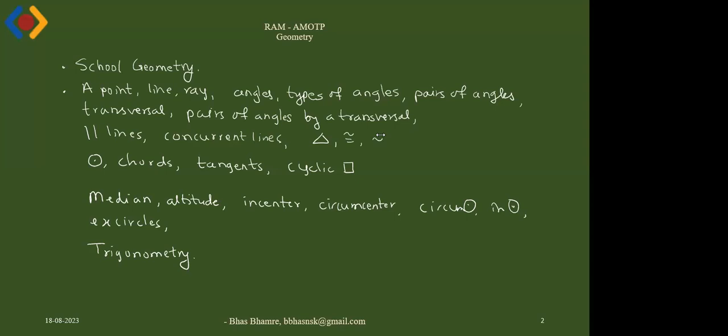A transversal is a line which passes through two parallel lines, and that gives rise to many angles. Okay. Yes, Vanya. A transversal is a line which intersects two or more lines in a plane. Okay, two or more lines in a plane.